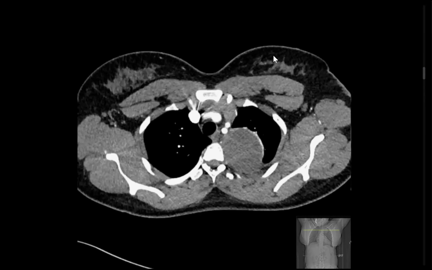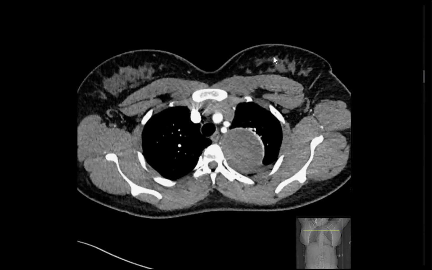The contrast enhanced CT axial cuts confirm the previously noted opacity on the X-ray to be a left superior posterior mediastinal mass, which shows a faint enhancement. There is no underlying erosion or bony changes. There is a fat plane between it and the esophagus, so it's not invading the esophagus.